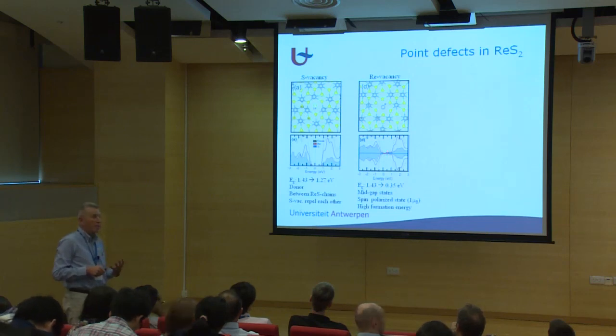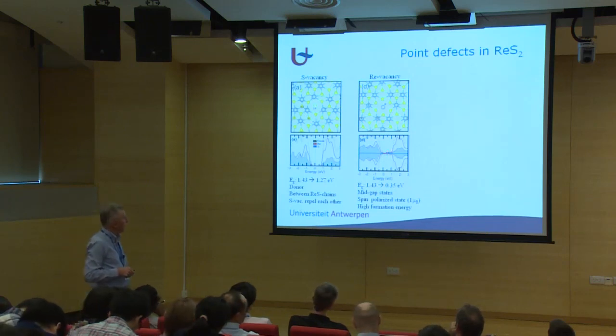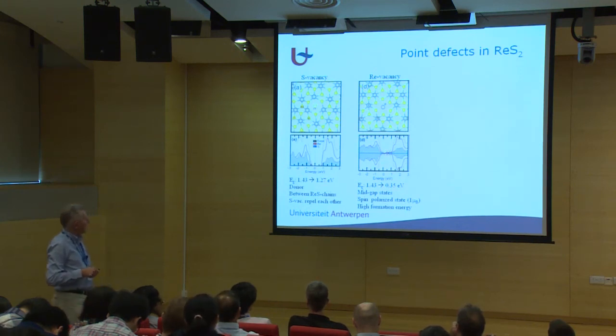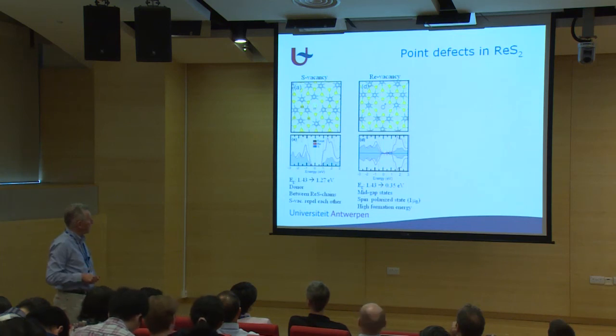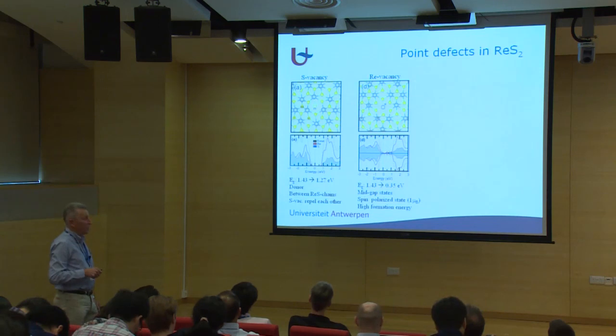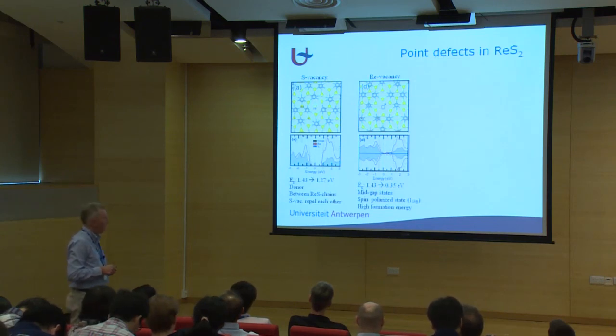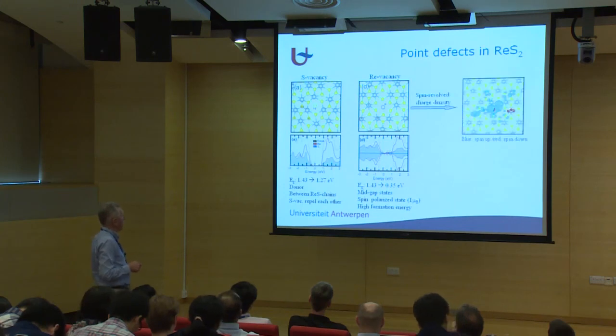In fact, what's happening is that you create mid-gap states here. And you get a spin polarized state, and the spin polarization per rhenium atom is about 1 Bohr magneton. But the formation energy here is much larger than in the case of the sulfur vacancy. It's about a factor of 2 larger.